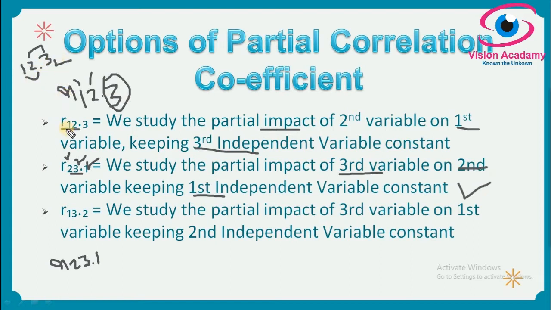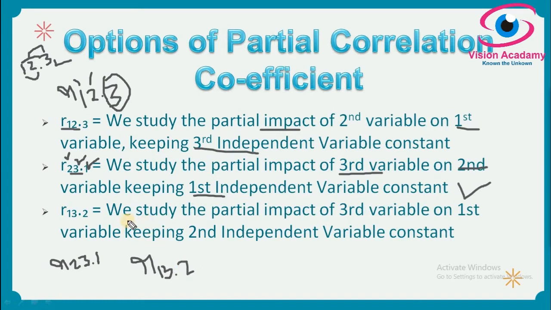The other combination from 1, 2, 3 we can make: we made 1, 2.3, we made 2, 3.1, and now we will consider 1 and 3, and keep 2 outside. That is R13.2. We keep the second independent variable as a constant.